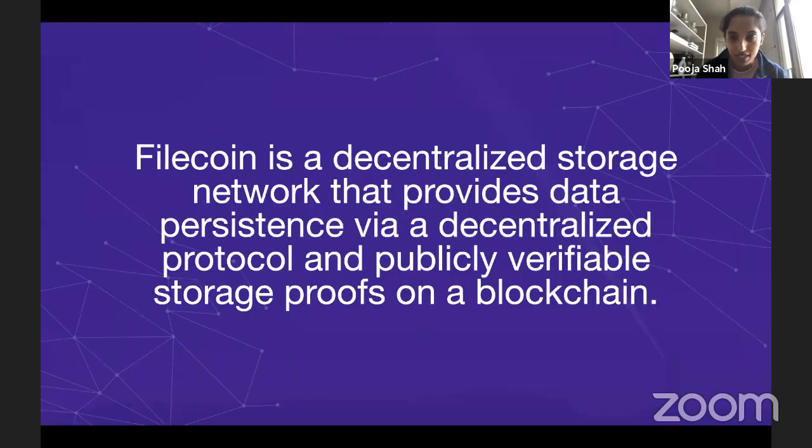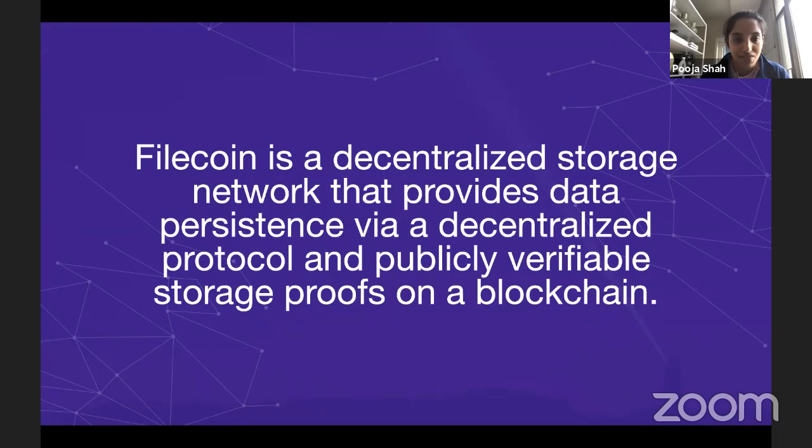So first, what is Filecoin? We have lots of definitions of Filecoin out there, but I like this one, which is basically, Filecoin is a decentralized storage network that provides data persistence via decentralized protocol and publicly verifiable storage proofs on a blockchain. There are many different components to this definition.